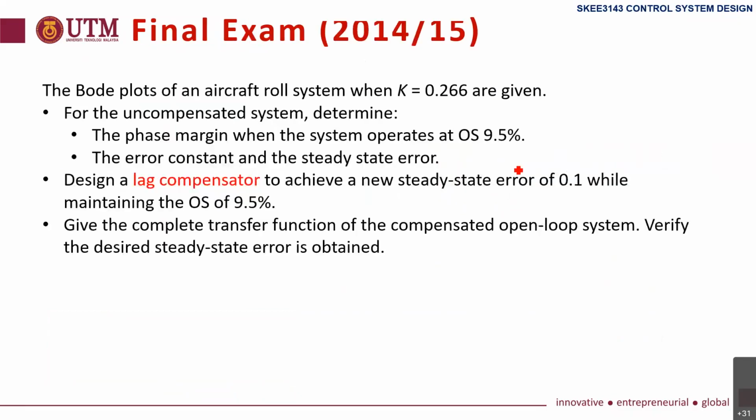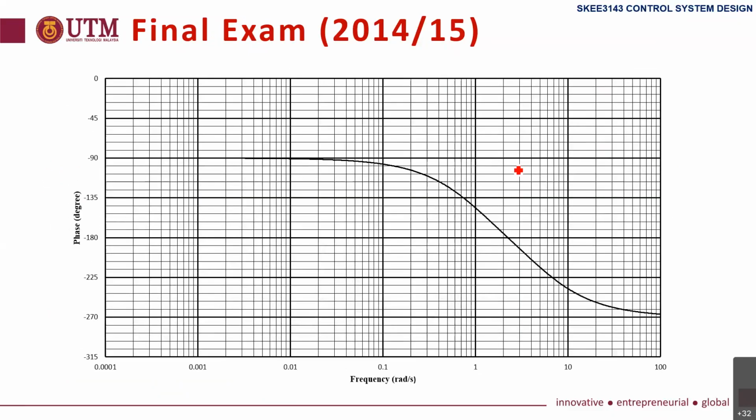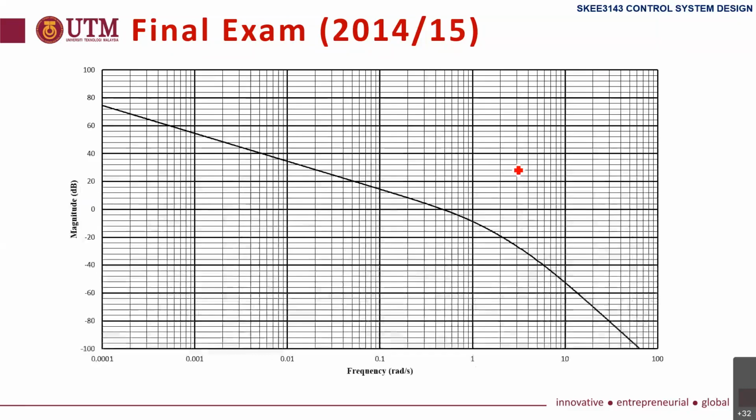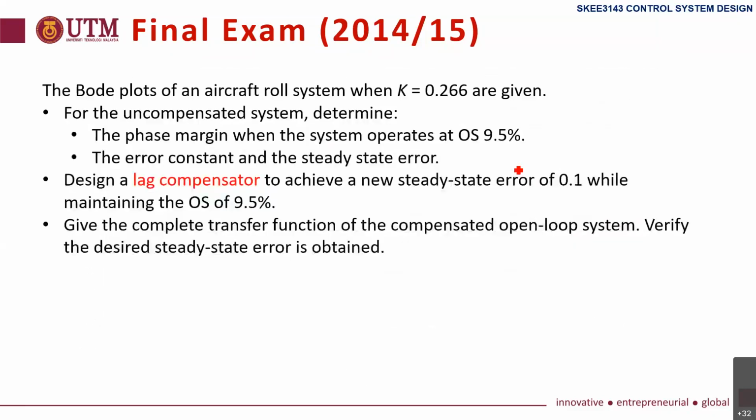Okay, let's do another example. This is the final exam 2014-2015. I hope you have printed these two Bode plots, magnitude and phase, so that we can do this example.